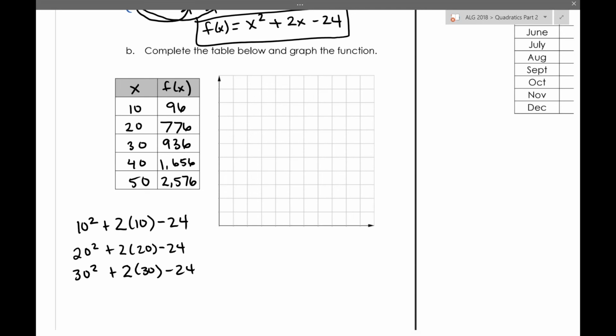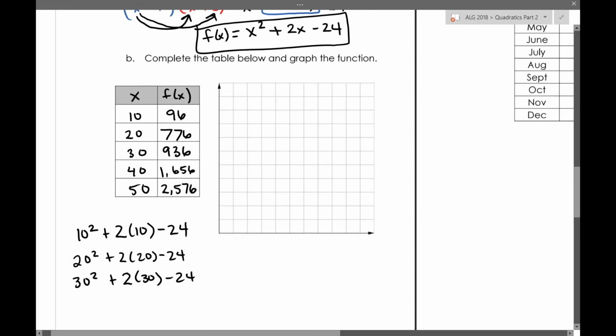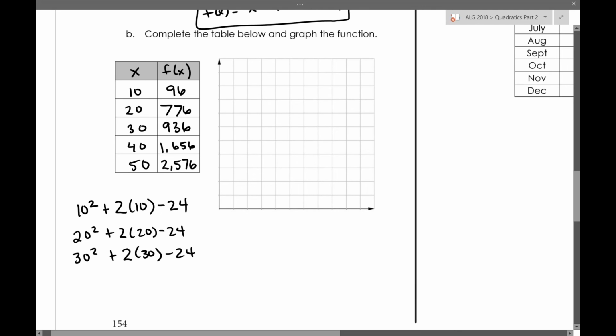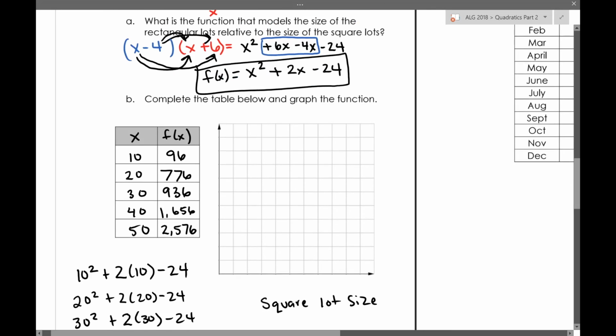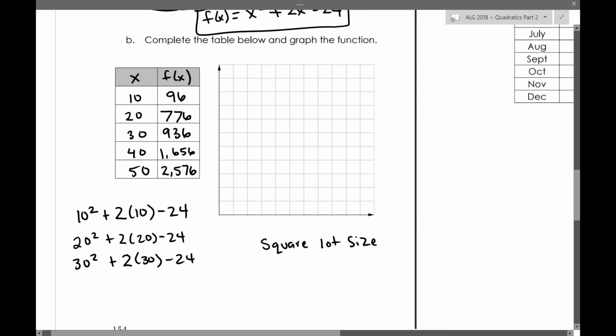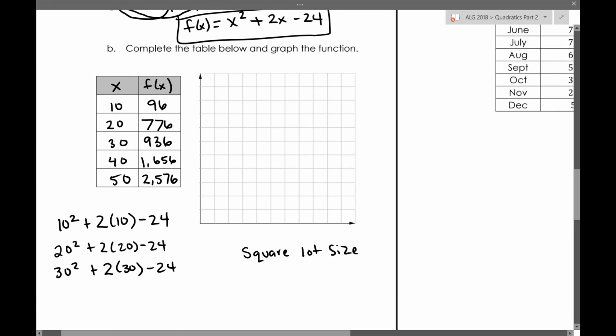So my x is actually going to be labeled as square lot size, because that's what we're trying to figure out. We're trying to figure out how much the square shaped lot is. So square lot size is the label for that. Okay, my y is going to be how much the rectangular lot is.